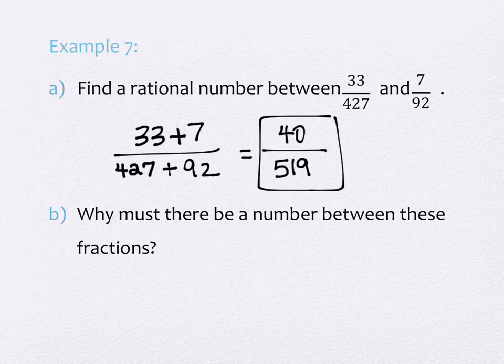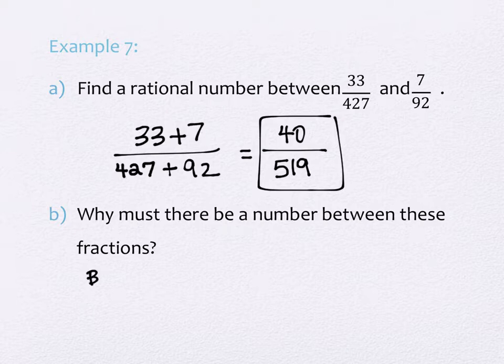And then the question that follows it says, why must there be a number between these fractions? And it is exactly what the theorem that was previously on my screen said. It's because of the denseness of rational numbers.